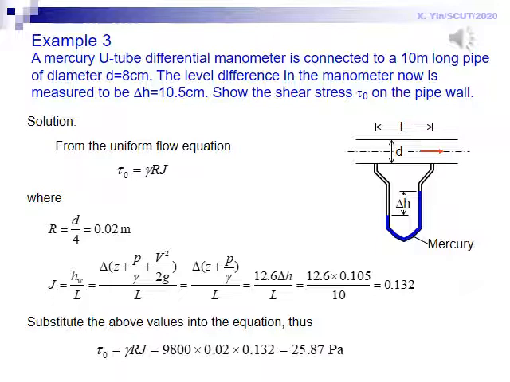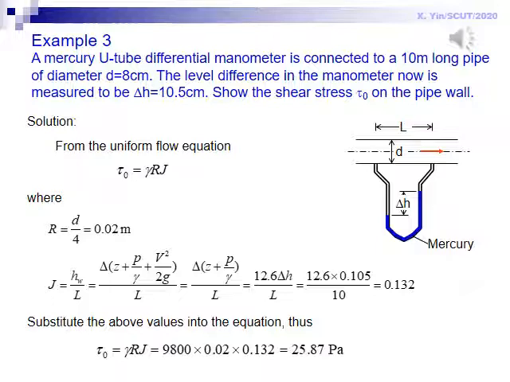Whenever a problem involving boundary shear tau naught is referred to, we should think of the uniform flow equation tau naught is equal to gamma times R times J at once.